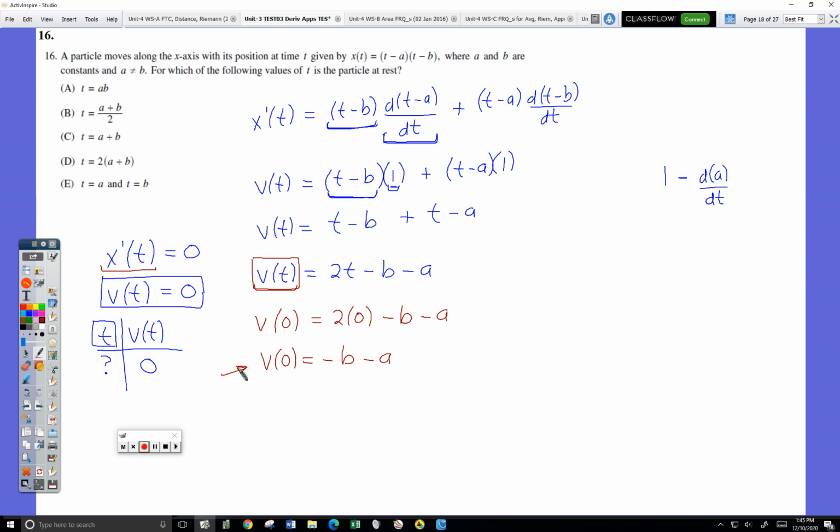Go ahead. At time 0, the velocity is. Say it. You're doing great. At time 0, the velocity would be negative t minus a. Nice. Put that in. This is very related to what you and I were doing, Reagan, with the notation. Jonah, put what you just said into this table.